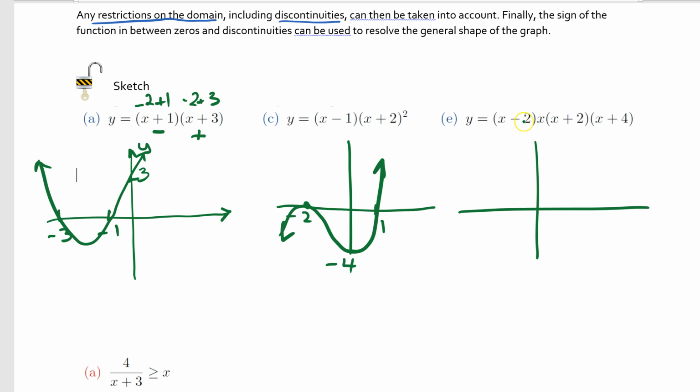It will cut at x equals 2, at x equals 0, at x equals -2, and at x equals -4. And if we think about this curve, it could go down this way, like that, or vice versa.